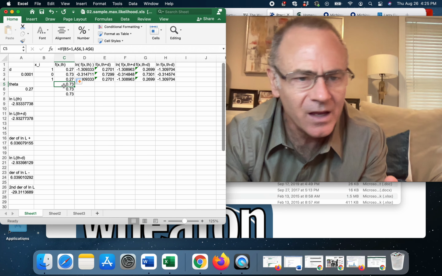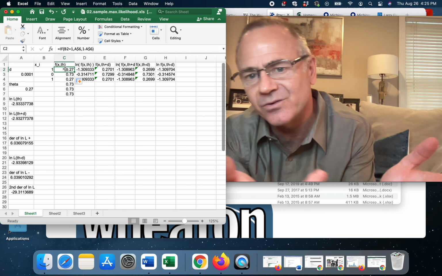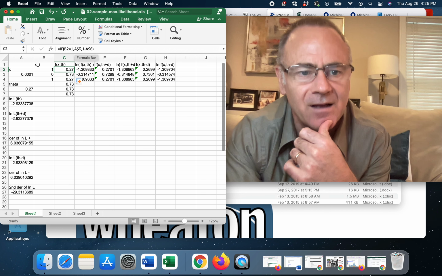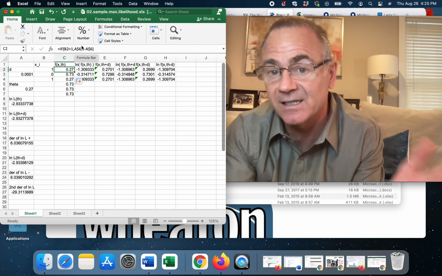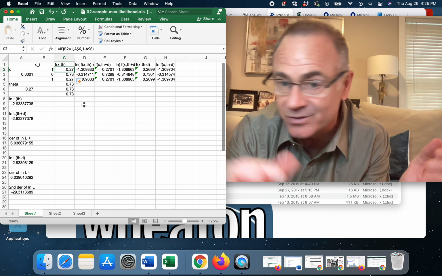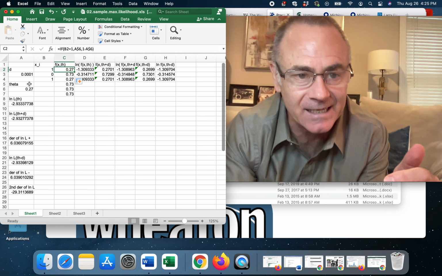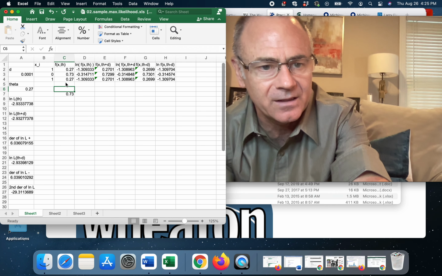If you're going to make a copy to a different column, you can put $A$6, and that tells it when you're copying, don't change either the row or the column. Keep it A6. Okay, so let me delete those.